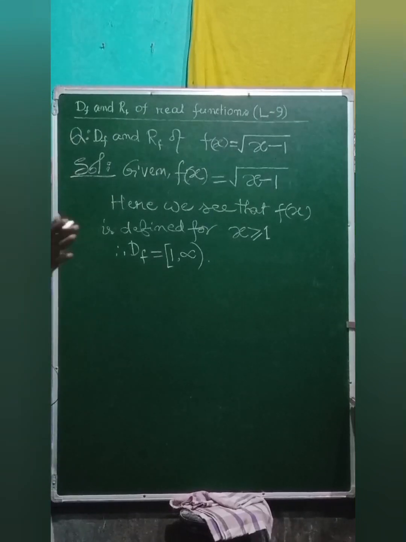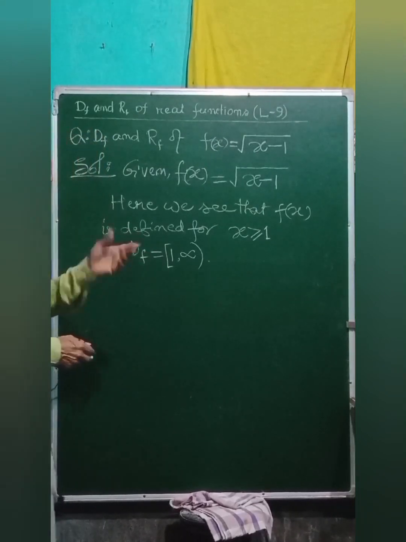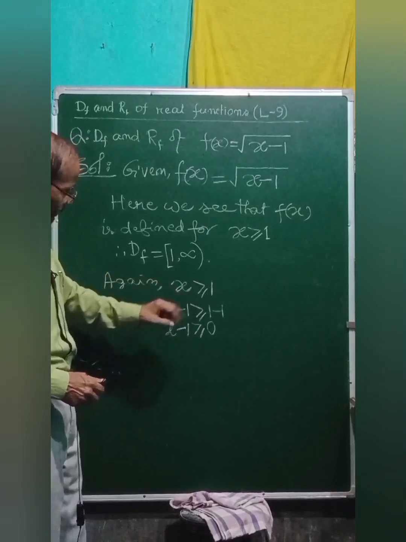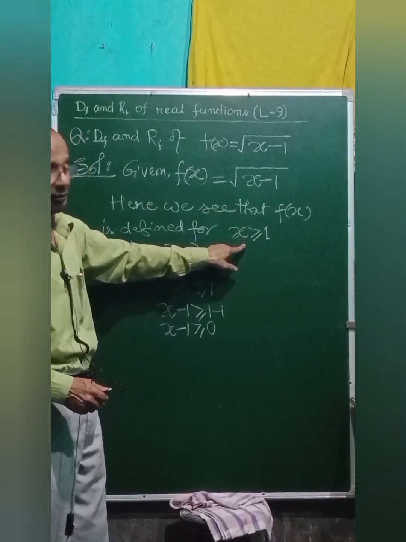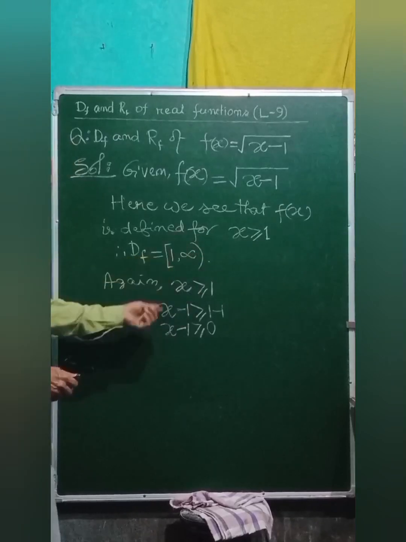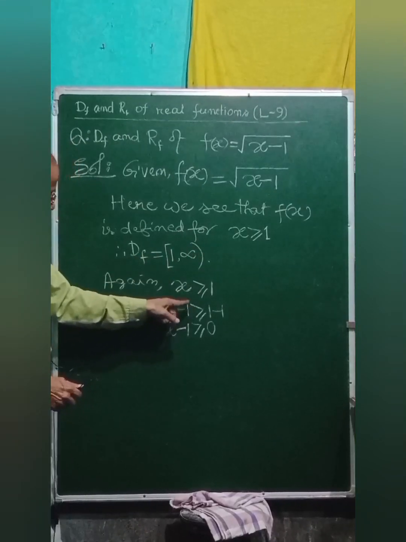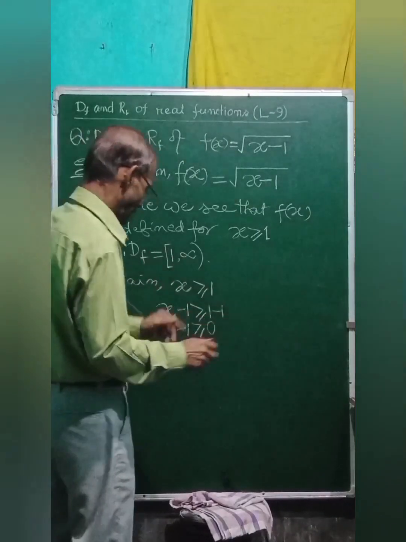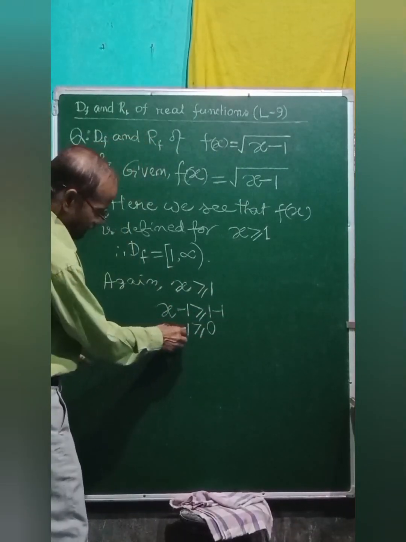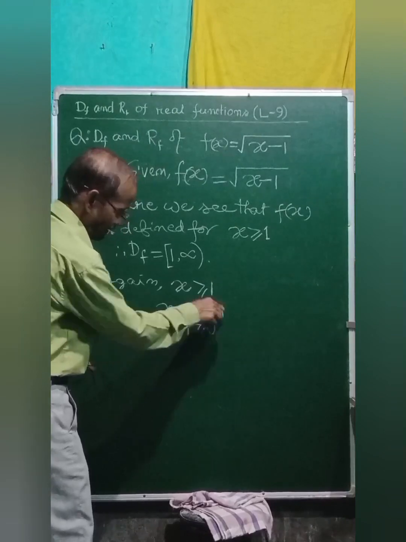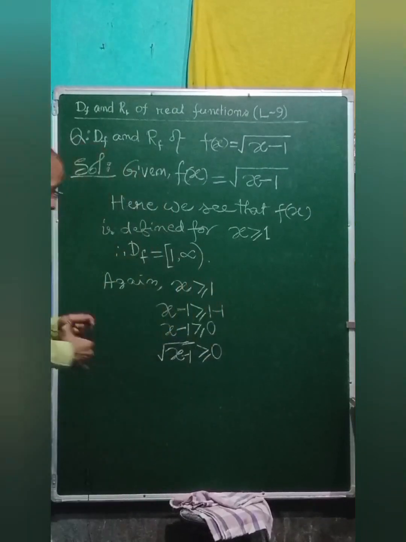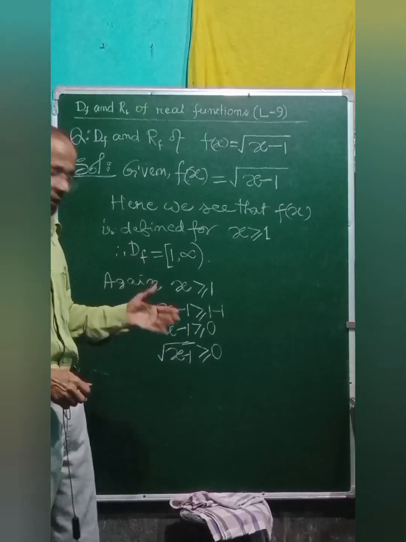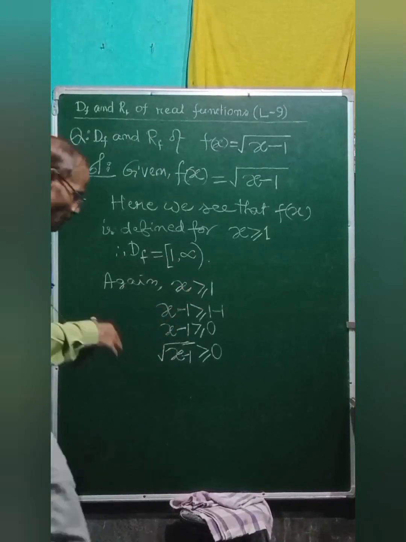Now for the range, you start with some logic. Again, x is greater than or equal to 1, using the domain condition. From that, x minus 1 is greater than or equal to 1 minus 1, adding minus 1 on both sides. Then we get x minus 1 greater than or equal to 0, which implies that if this is a non-negative quantity, then taking the square root it will also be non-negative.